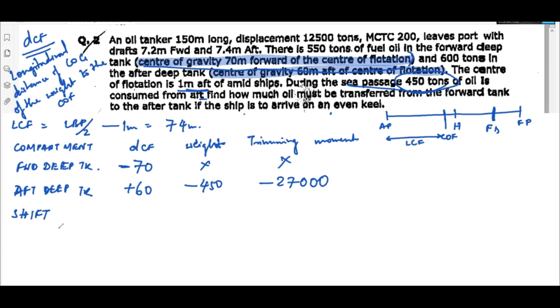But he has given you how much he has consumed. This is not what is remaining right now. Whatever is remaining is remaining.